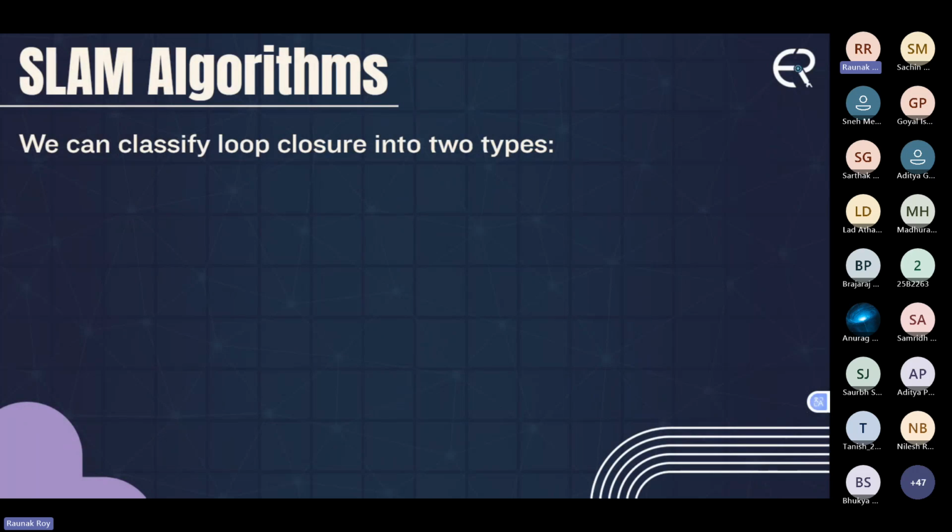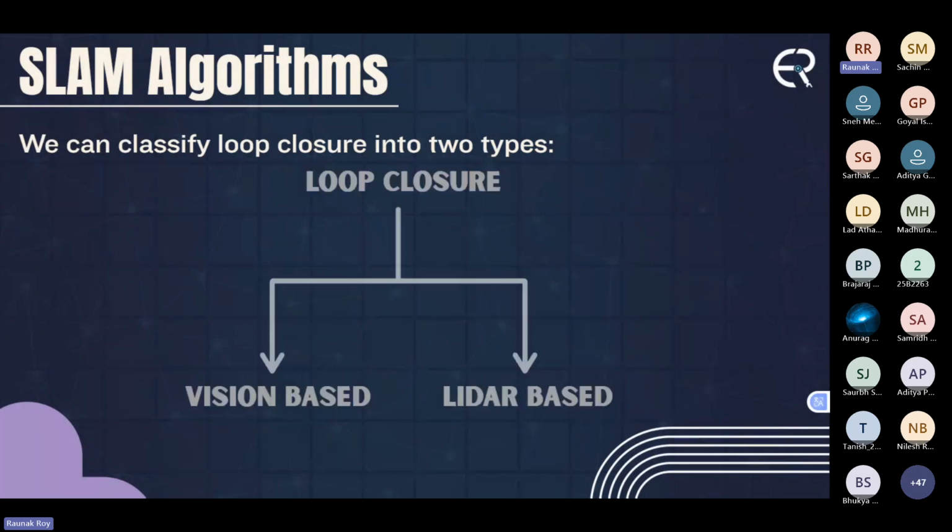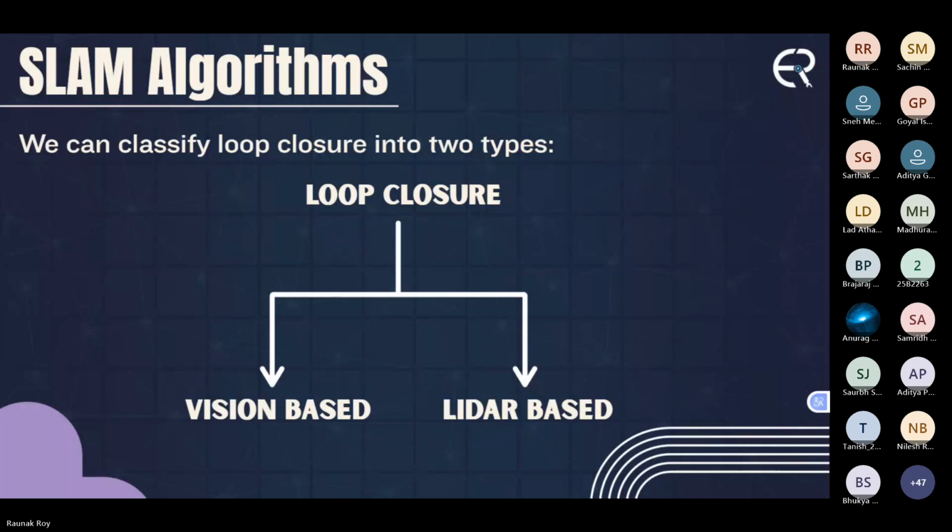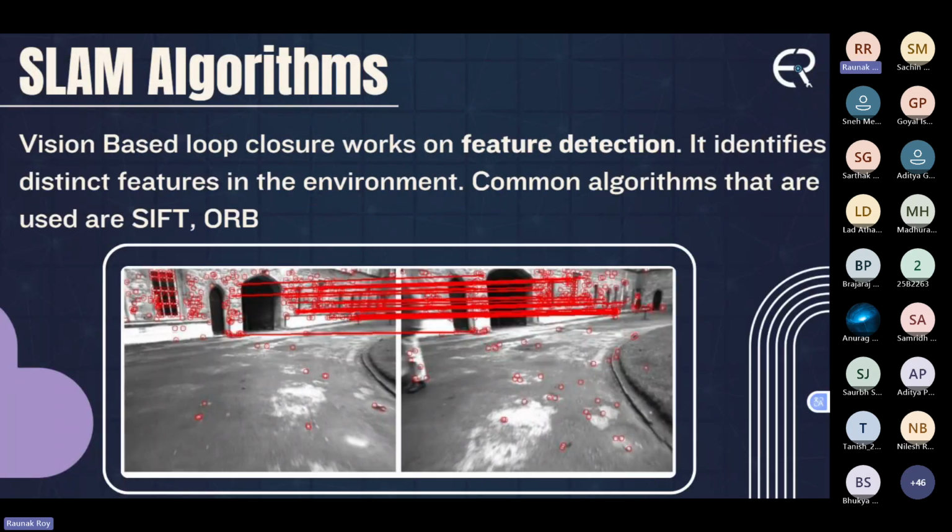So we can classify loop closure into two types: vision-based loop closure and LiDAR-based loop closure. Vision-based loop closure relies on feature extraction algorithms like SIFT and ORB. These algorithms analyze camera frames to identify distinct key points in the environment. The system builds a database of these key points, and when the current key points match the historical ones, a loop closure is triggered.